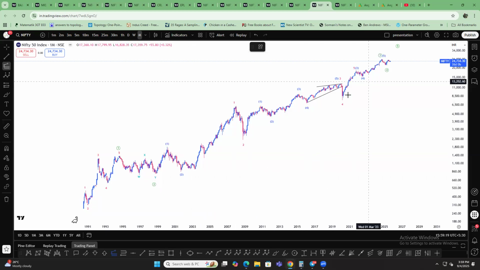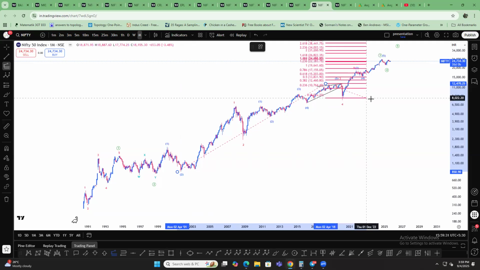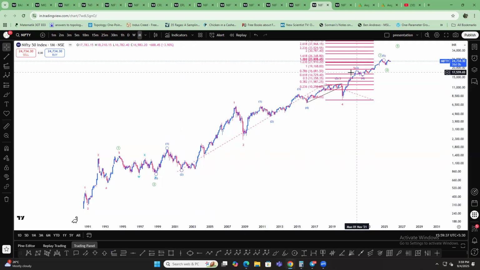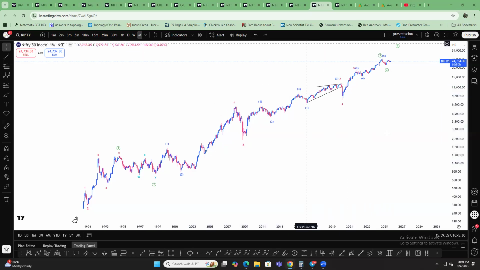So to project this wave 3 high, that is wave 5, we start from here 1 to 3, projected from 4, and see wave 5 is extended and it generally ends at 61.8% to 100%, and these are ended in this zone only. Okay, so this is valid wave 5.